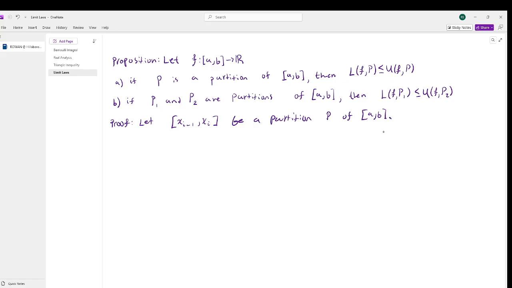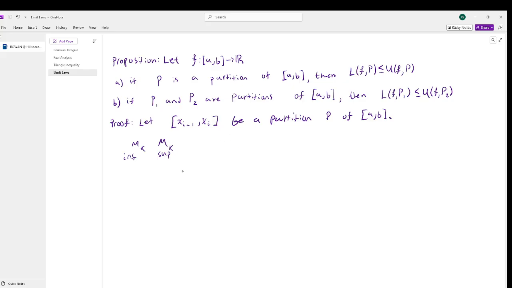Clearly, we know that m sub k will be the infimum over the interval, and capital M sub k will be the supremum over the interval. These will be kind of the heights of the rectangles that you choose.